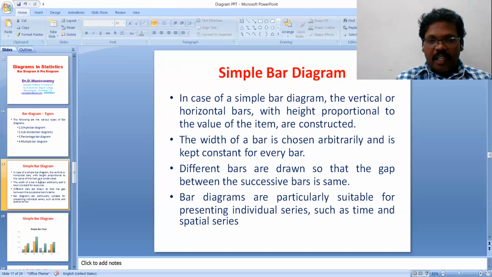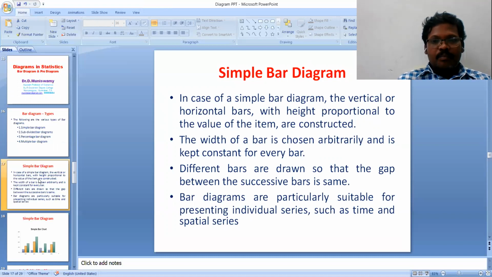When we are talking about the simple bar diagram, vertical or horizontal bars with height proportional to the value of the item are constructed. Whatever values are there in the data, those values are represented in the height.